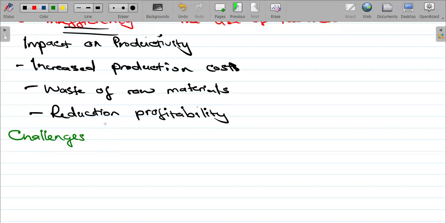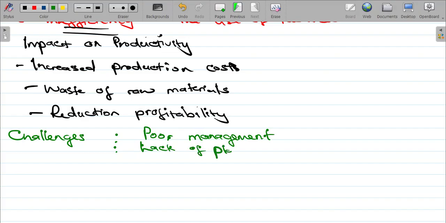Right. So we can find that the business will be experiencing poor management, meaning to say resources are not managed effectively and efficiently. And also there will be lack of planning, which is also a challenge.